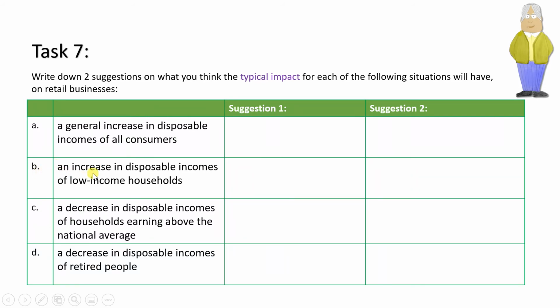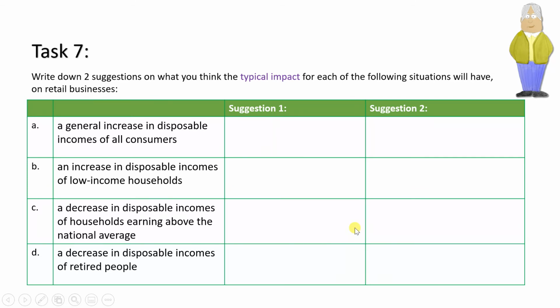Row B, an increase in disposable incomes of low-income households. 2 thoughts of what you think these households will do if they have an increase in their disposable income. Row C, a decrease in disposable incomes of households earning above the national average. So those households who tend to earn a high amount, if they've suddenly had a decrease in their disposable income, 2 thoughts about what's happened to them.